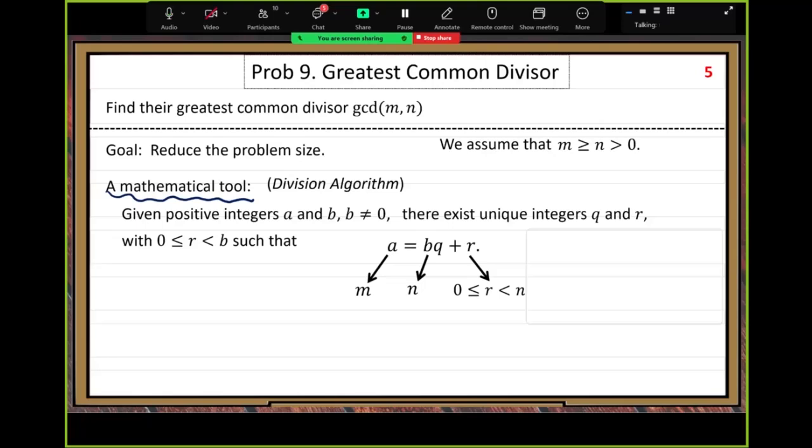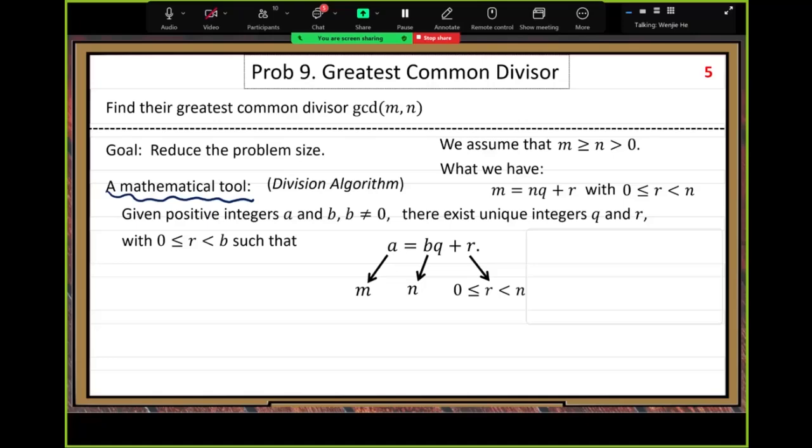So we can make the first parameter M greater or equal to the second parameter N. Otherwise, we swap. And now, based on the integer division, we have M equals N times Q plus R.